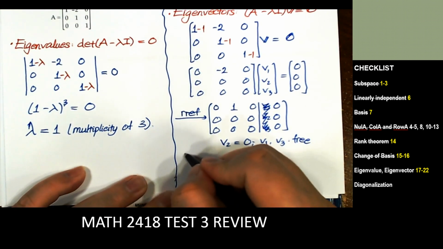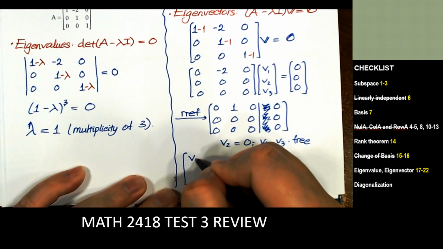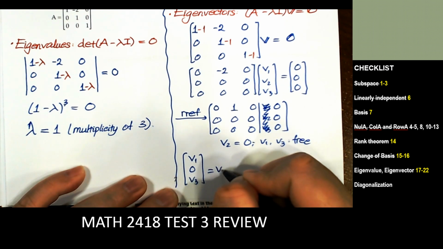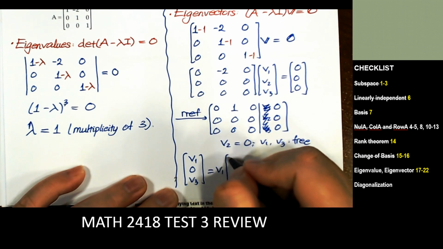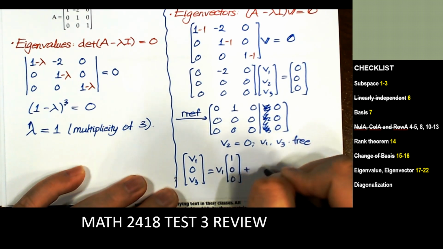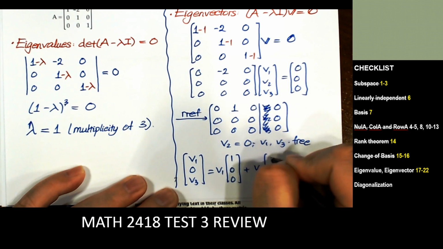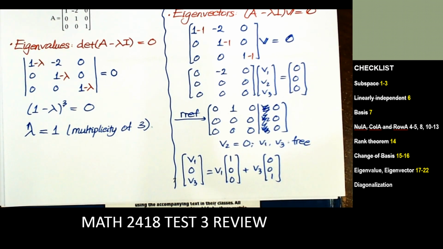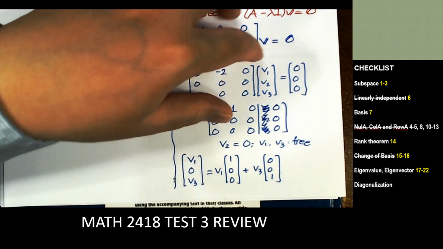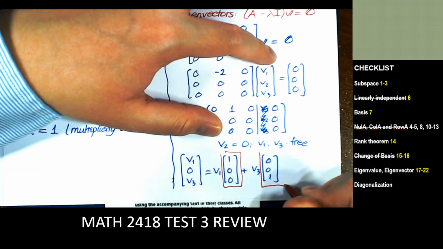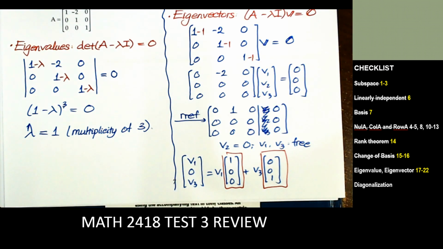If we write the solution, it will be (v1, 0, v3), or we can decompose it into v1 times (1, 0, 0) plus v3 times (0, 0, 1). And then we find 2 eigenvectors for this eigenvalue. So this is one eigenvector, and this is another one. The eigenspace has those 2 vectors.